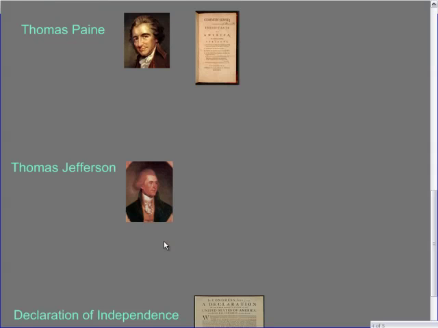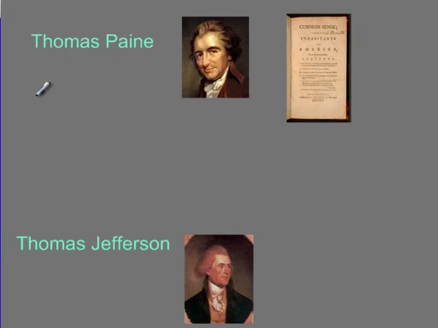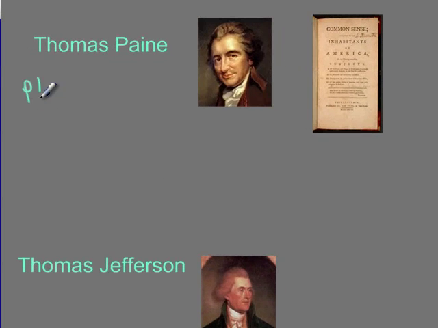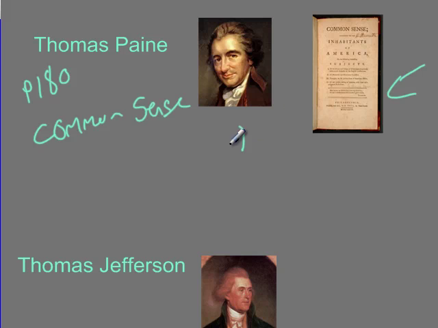A lot of people hope to avoid a total break from the British, but Thomas Paine wrote a document called Common Sense, which is this document right here, and this is Thomas Paine. This is going to be found on page 180. Basically, the purpose of this pamphlet is to convince Americans that a complete break with Britain was necessary.